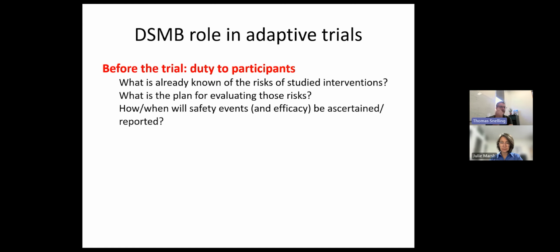So almost always we need to be looking at safety and efficacy at the same time, even if we're not drawing conclusions around efficacy. And more specifically, for an adaptive trial, are there stopping rules for harm? And if not, why not?